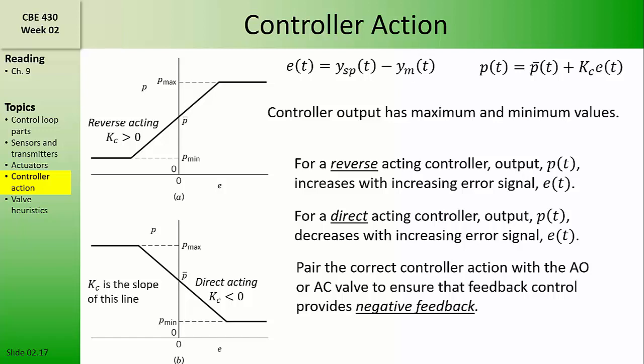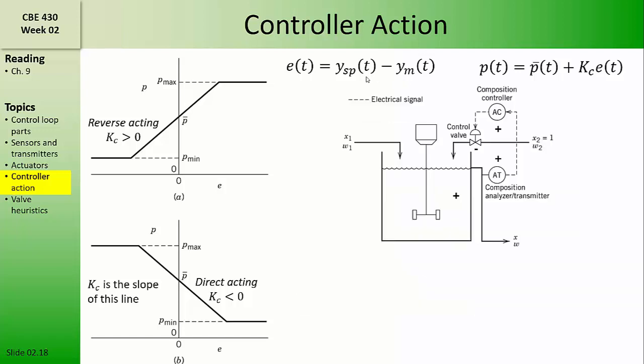If the measured value of the controlled variable is going up, then the error signal is going down. We want to be sure that the signal coming from the controller either opens or closes the final control element to bring the measured value of the controlled variable back to the set point. For that to happen, the entire feedback control loop must provide negative feedback.